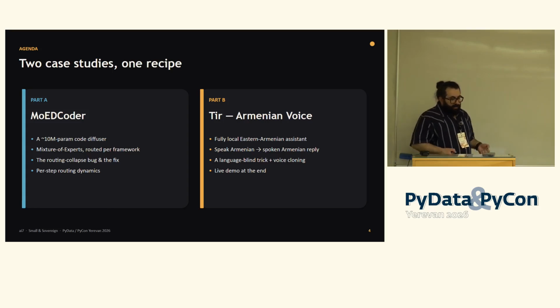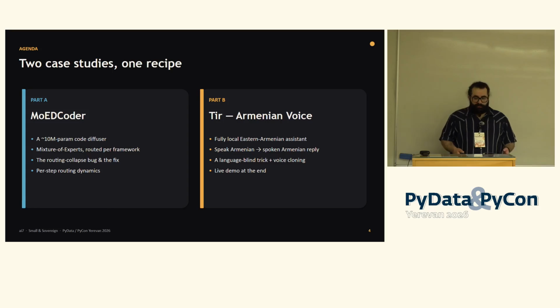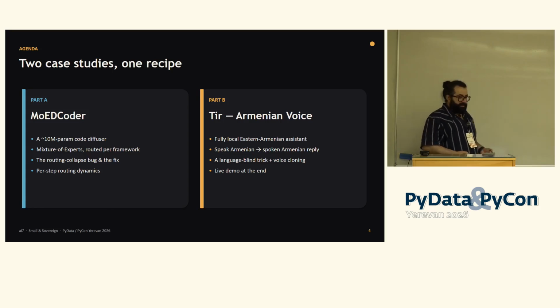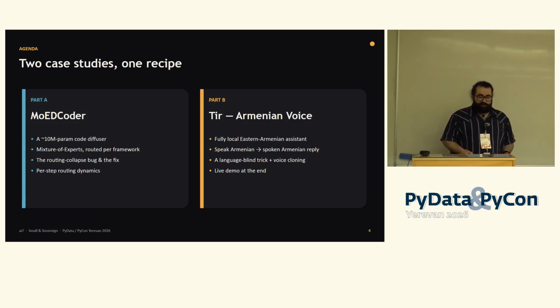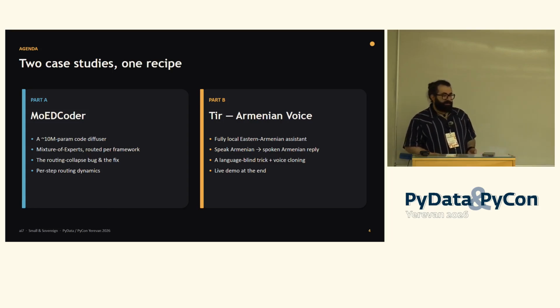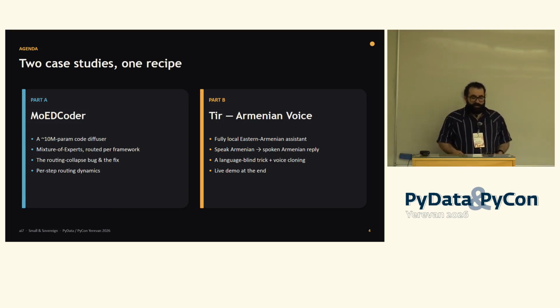So part A of my talk will address training of the mixture of experts diffusion coder. The 10 million parameter diffusion coder was an achievement of experimenting with GPT-based LLMs. All of us or most of us must know Andrej Karpathy. Anyone? Yeah, sure.